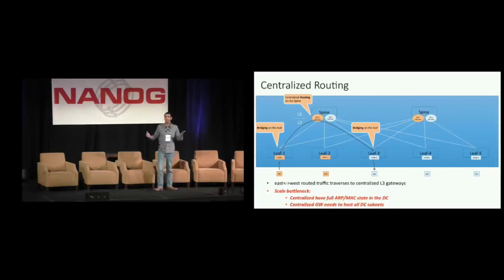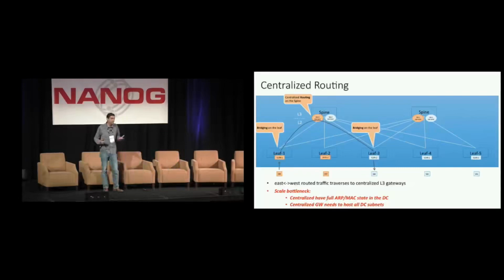Any inter-subnet traffic that has to be routed across subnets or across VLANs is routed on a centralized gateway. What this means is that all the layer 2s within your data center have to be stretched all the way to the centralized gateway.